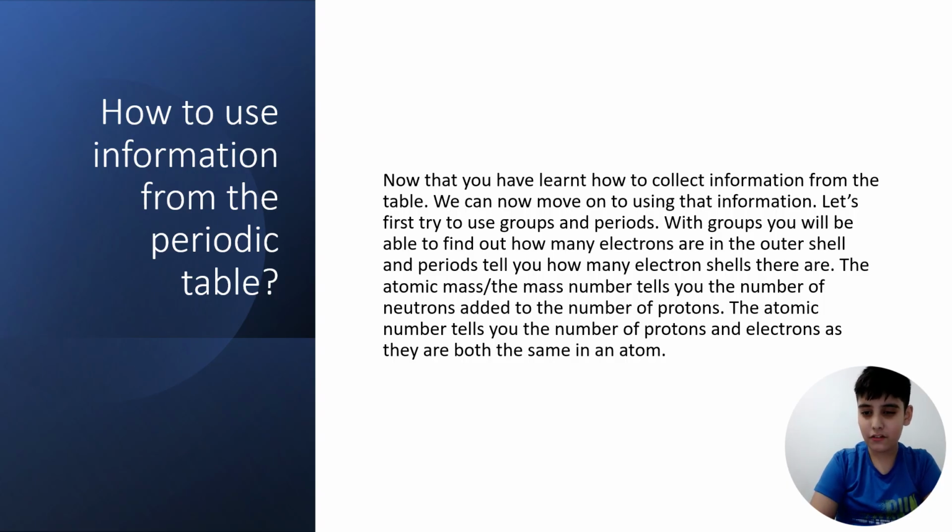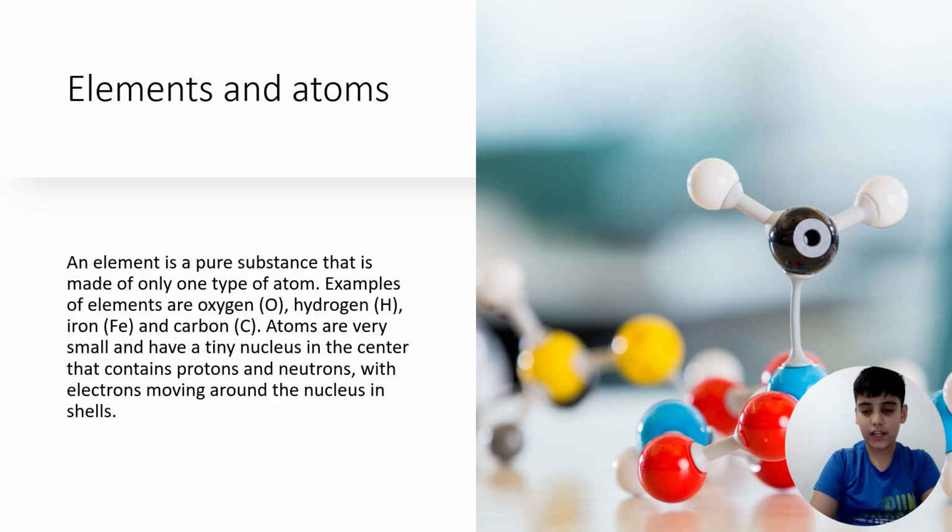This may be a bit to take in, but we will understand it a bit better when you get a bit older and get into these classes. So, electrons and elements and atoms. Now this will tell you what the element is.